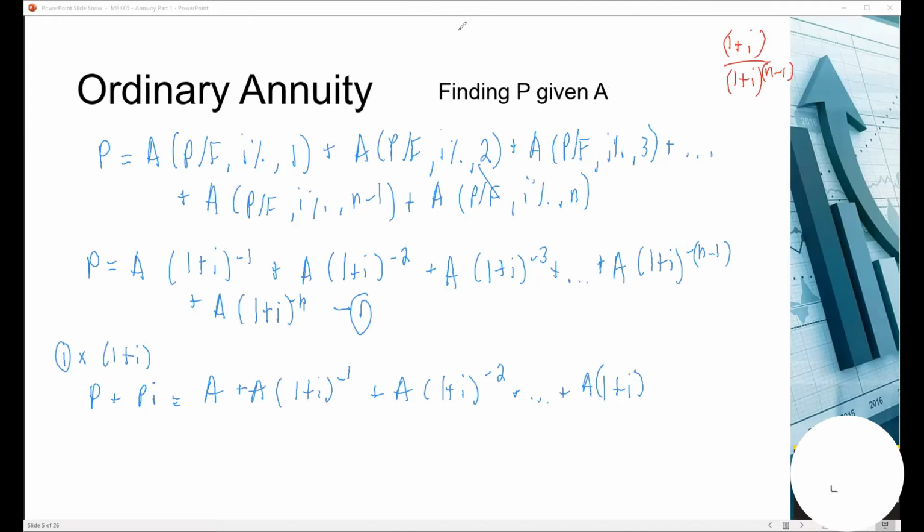Di ba? Pag tinaas natin yan, anong mangyayari? Magiging 1 plus I. Pag ginawa nating multiply, no? Ibig sabihin, magpa-plus. Tama ba ako? So, magiging 1 plus negative N minus 1. Tama ba ako?